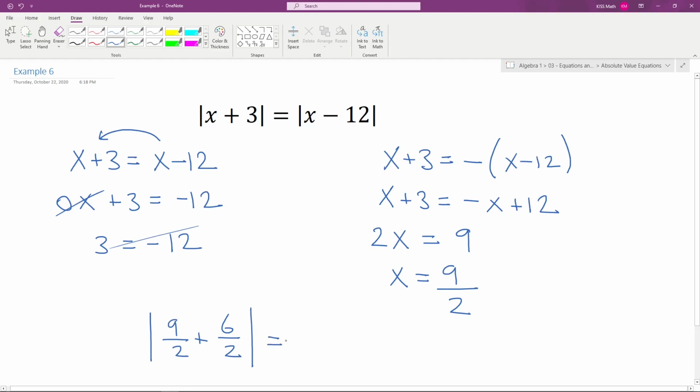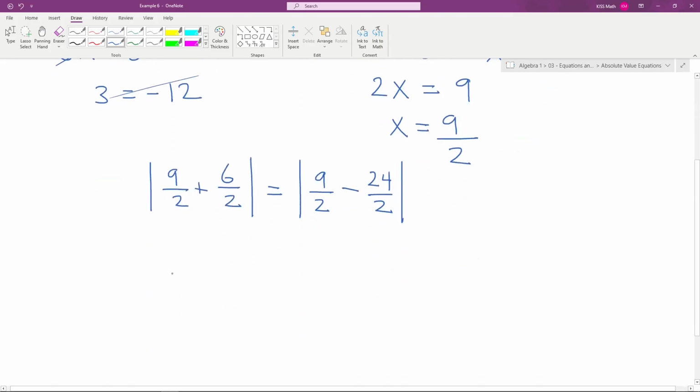And that must equal the absolute value of 9 halves minus 12, and 12 is the same as 24 over 2. If we evaluate this, we'll get 9 plus 6, which is 15 halves, equals 9 minus 24, that is negative 15 over 2.